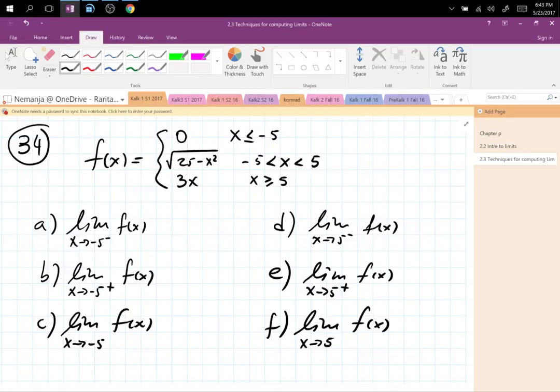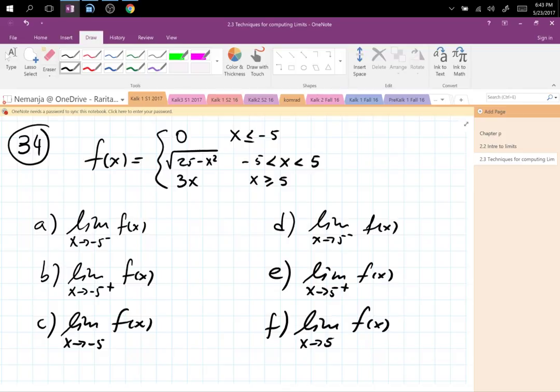And then at 5, you have 3x. So if you plug that in, you get 15. So at this point here, this is an open circle. At elevation 15, it's just going to go linear up. So that's how it looks. And they touch over here.